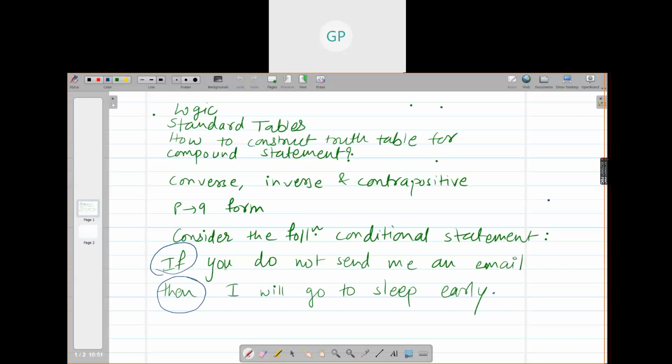Don't use the connective while you consider the proposition. Without the connective you will get the propositions. So this is your P, and this is your Q. In the proposition you will not write any connective. You understand that?